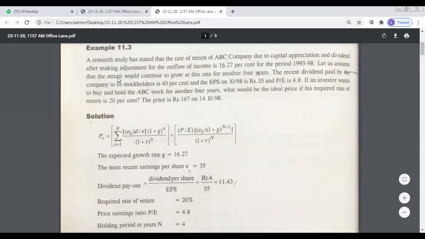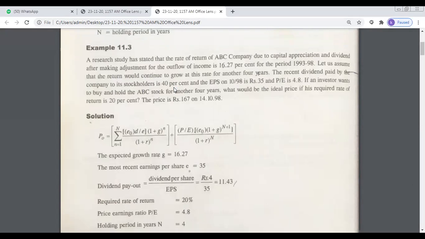The recent dividend paid by the company is 40%. Clear? So here the dividend payout has to be estimated. And EPS is 35.48. So EPS is given to us, and the PE ratio is also given to us. Now you have to substitute the values here, but before you substitute, you have to calculate the dividend payout ratio.